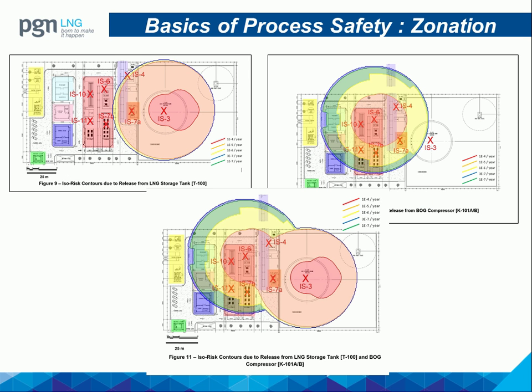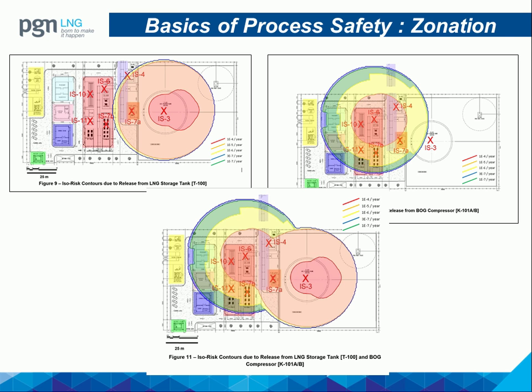As I mentioned before, process safety can lead to zonation of process safety. This is based on our QRA analysis. It shows for one scenario which location has the least risk. In this case, at 1 to the power minus 7, you see the green part. This is the safe area, we say, for one scenario.